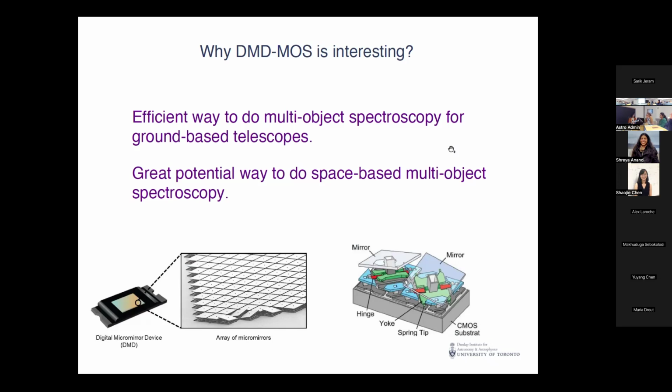Basically, it's an array of micromirrors that can be controlled to tip and tilt in different directions. This could be an approach to generate the slits for the spectrograph.